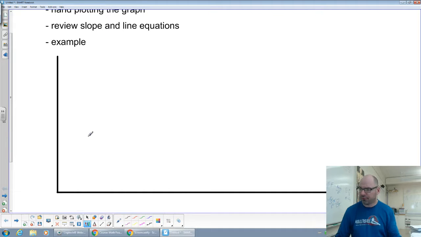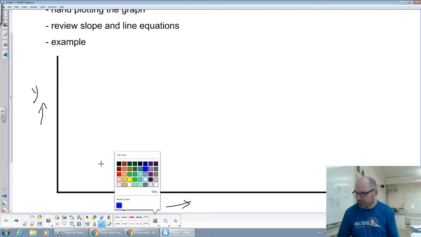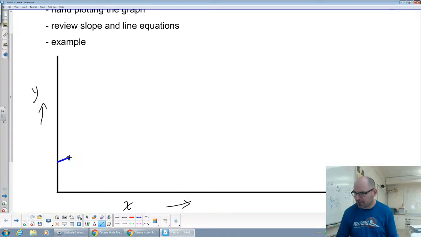We have our y here and our x here. Okay, so if we have a linear graph and we state it like, we'll use an arrow here. Let's say our linear graph is here.